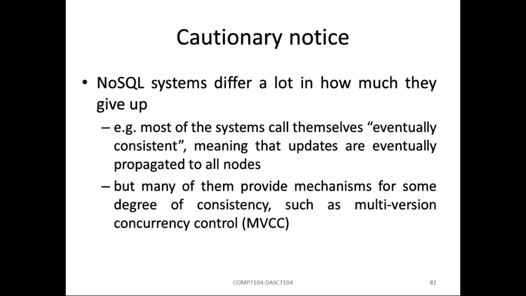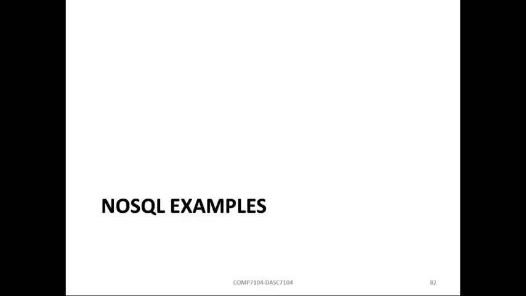So it's really important to go beyond the usual fashionable keywords, such as eventual consistency, in order to understand in more detail what the system you may want to use does guarantee in terms of consistency and in terms of concurrency control as well.